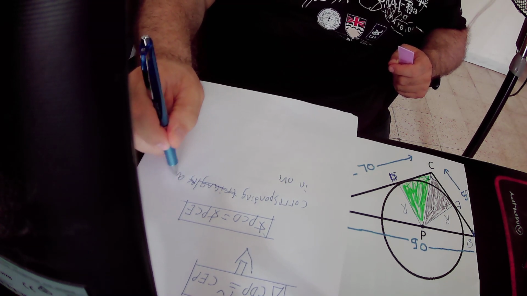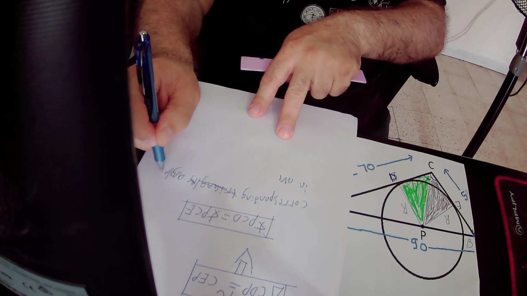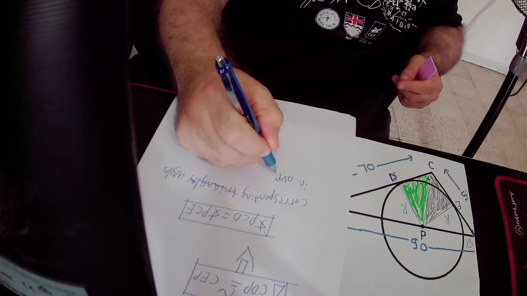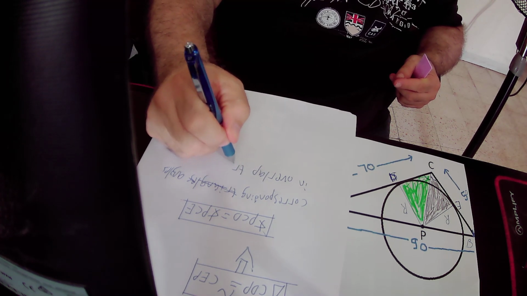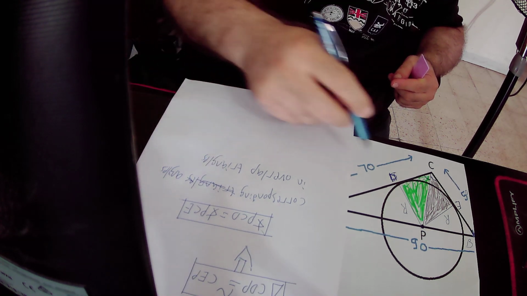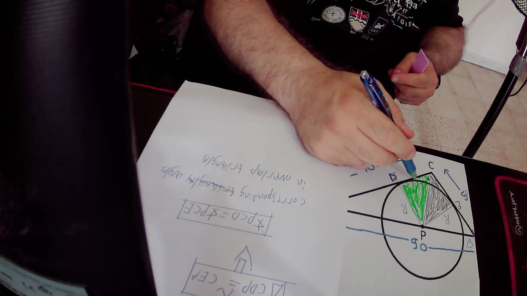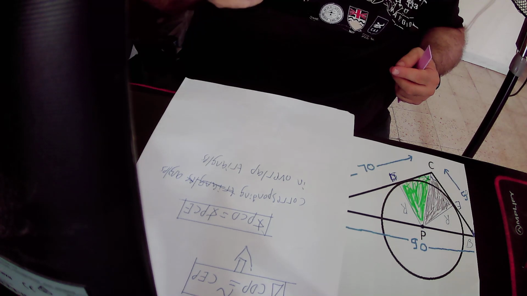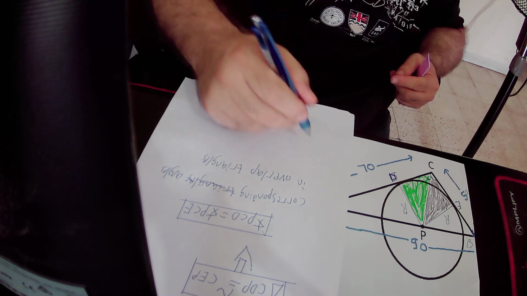So corresponding angles in overlap triangles, where the green triangle overlaps the black triangle, or the green triangle is congruent to the black triangle. So in overlap triangles, corresponding angles are equal to each other.